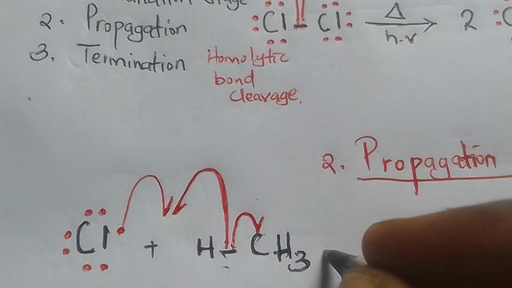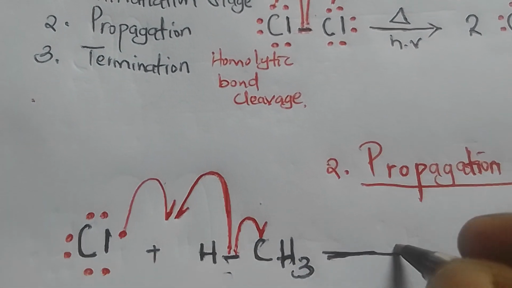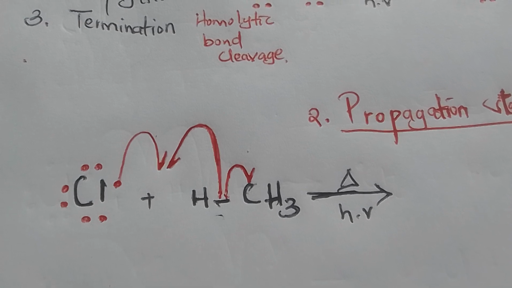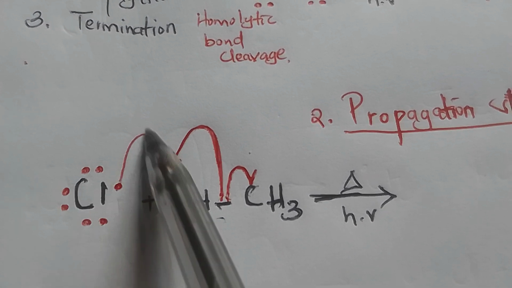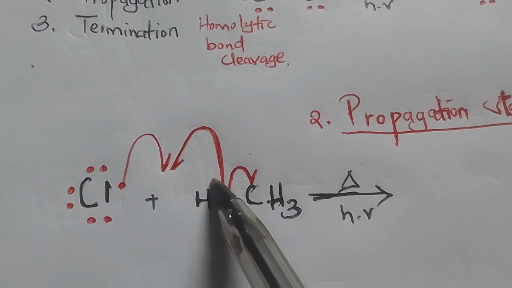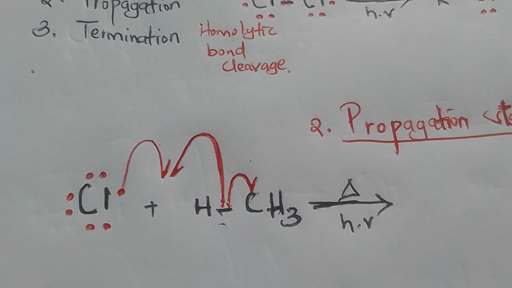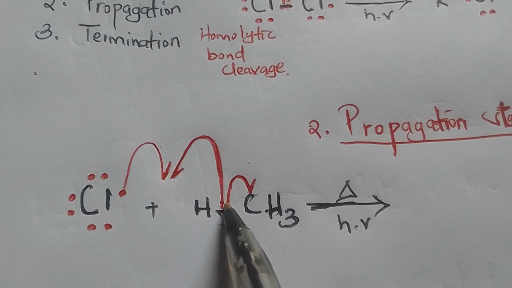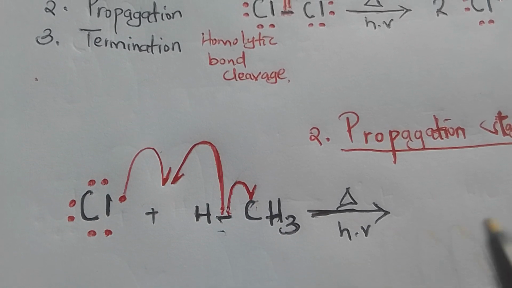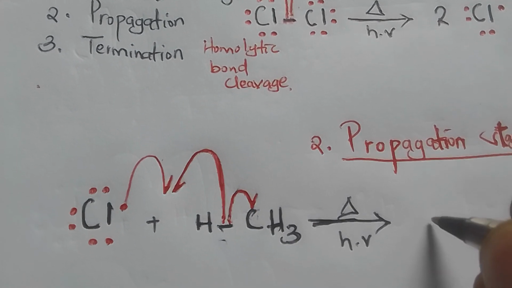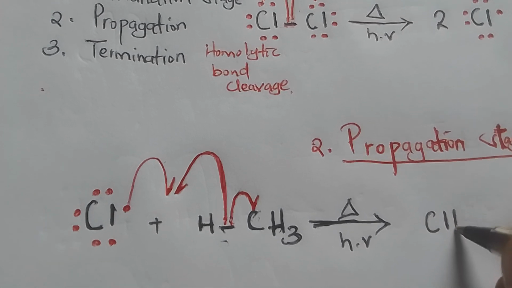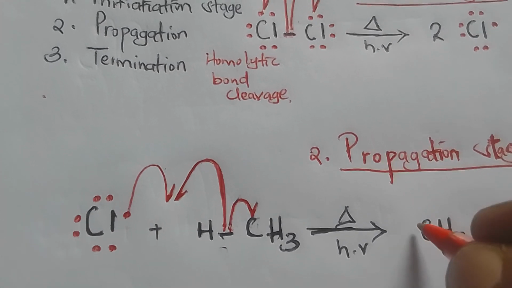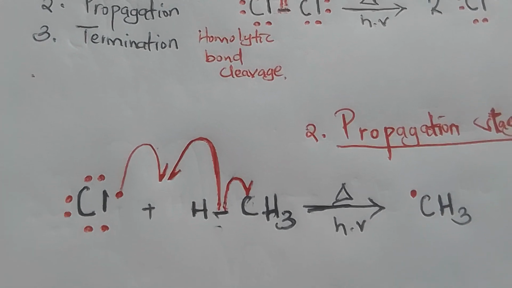So at the end of the day, we will have the chlorine radical reacting with the hydrogen atom, and one of the electrons going to the carbon, so that we have another radical formed, the methyl radical.